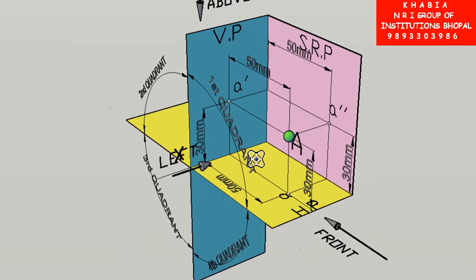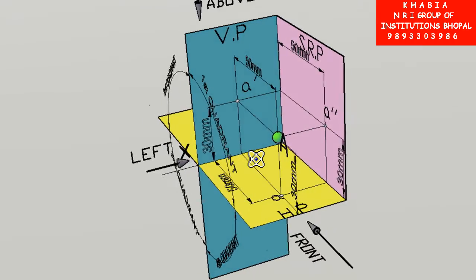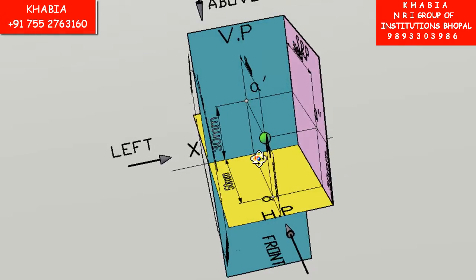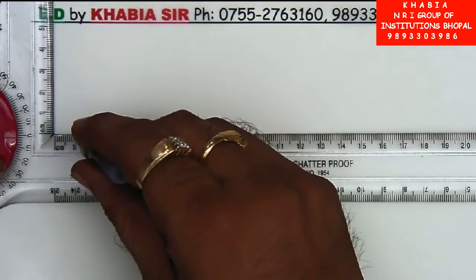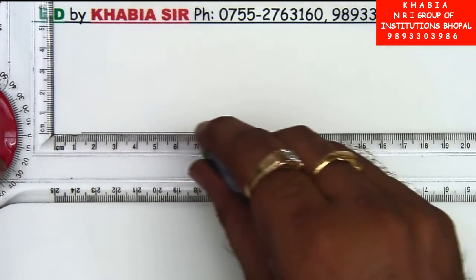Let us now start drawing the orthographic projection on paper. First, draw the horizontal reference line XY.